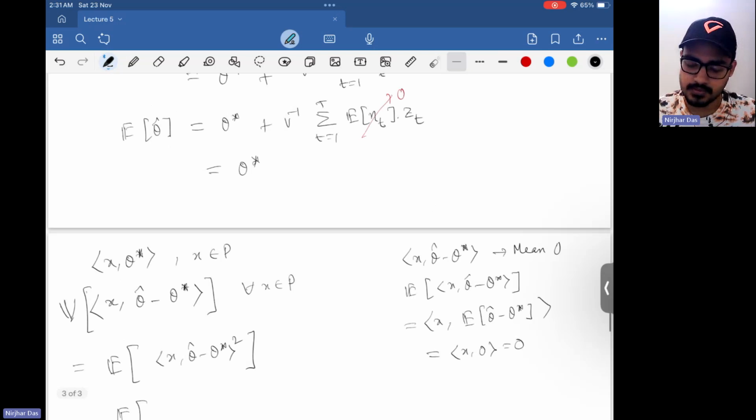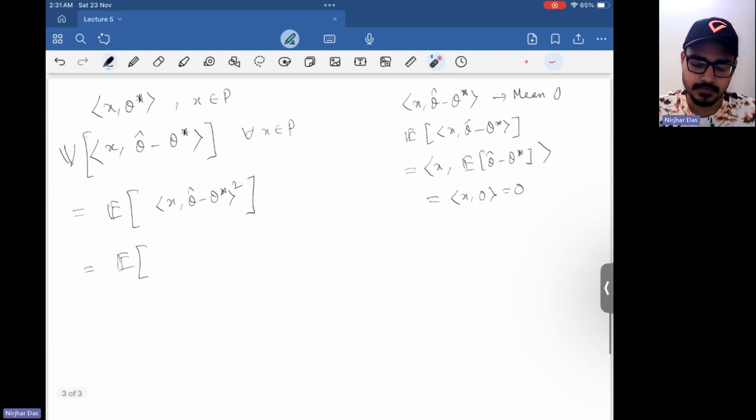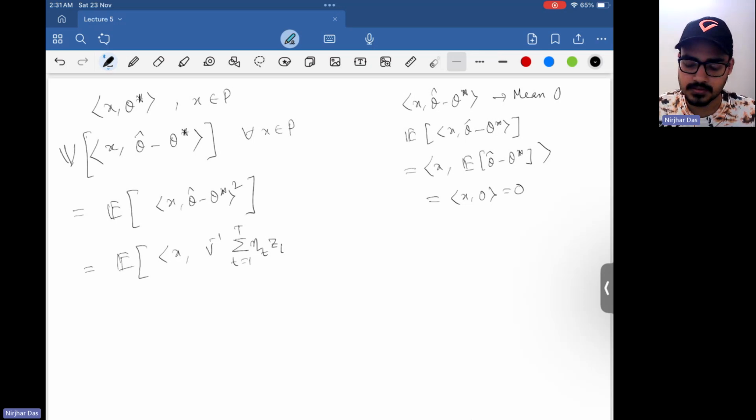Again, using the fact that theta hat is theta star plus this quantity, we have that theta hat minus theta star is actually this quantity. So here, what we can replace is V inverse, summation t equals 1 to T, eta t Z t, squared.